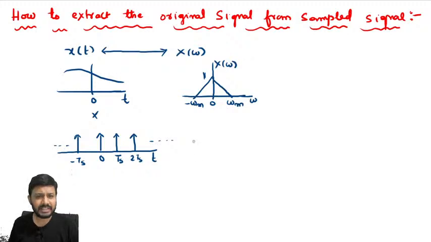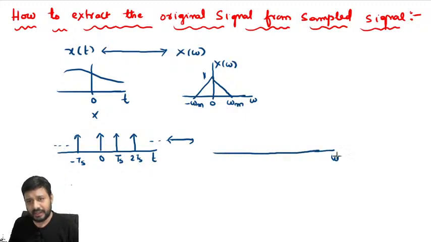Now, whenever I am considering x of t, I am considering x of omega. Means if I am considering the impulse train, I must calculate the Fourier transform of impulse train, and we have seen that while discussing the Fourier transform of periodic signals, the Fourier transform of impulse train is again impulse train. So if you take impulse train in time domain, in frequency domain also you get impulse train only.